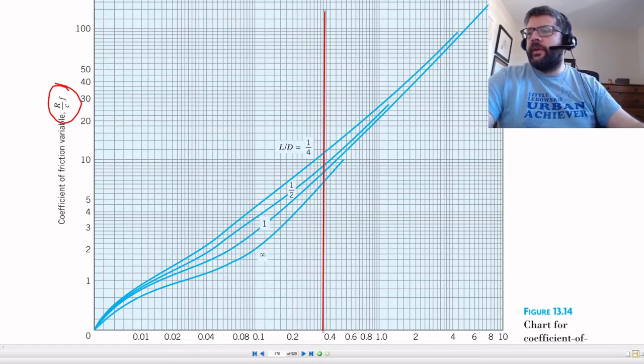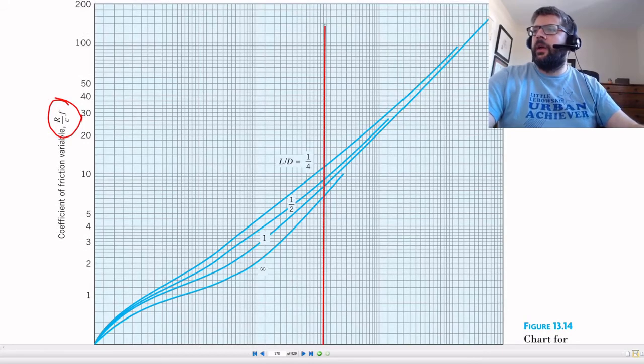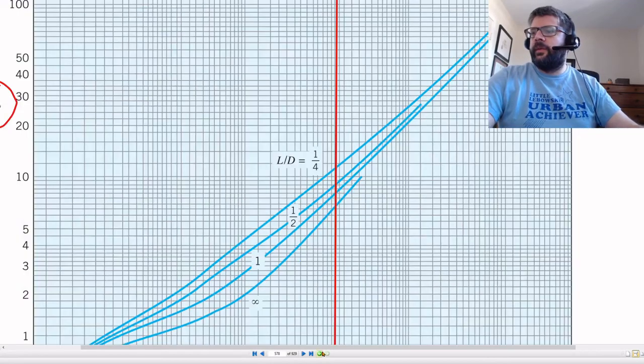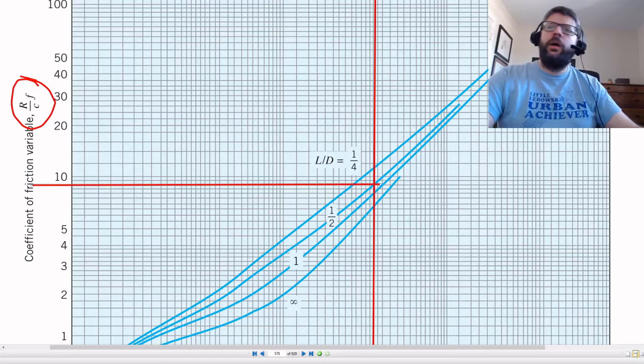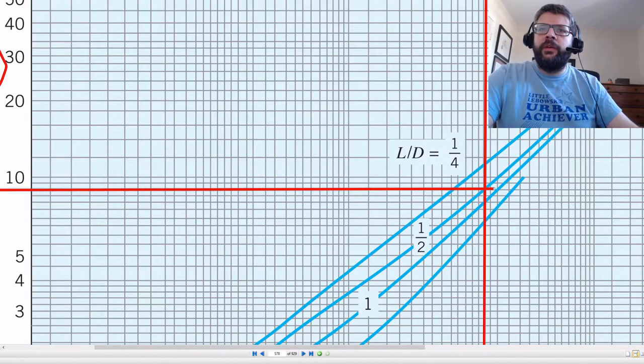Got this line right here at 0.36, and that intersects with our half load line, or half L/D ratio right here. Let's make that thing flat, actually. There we go. So that looks to me like we are at 9.